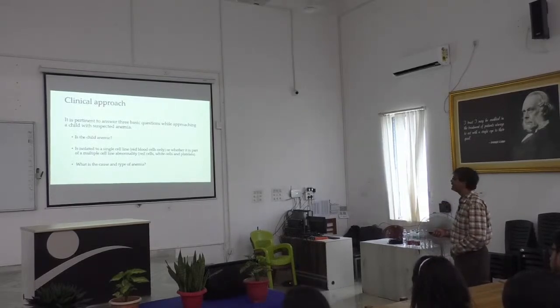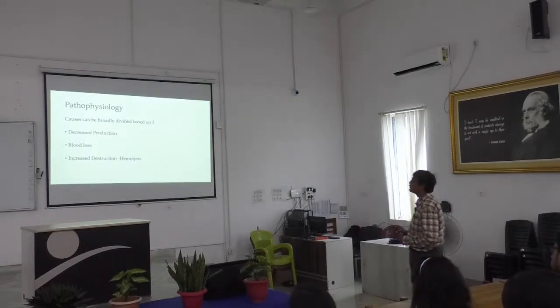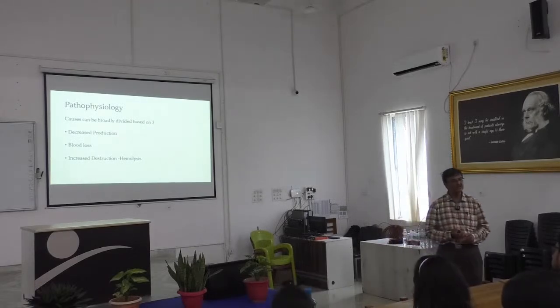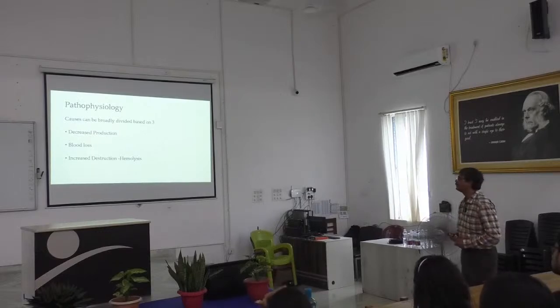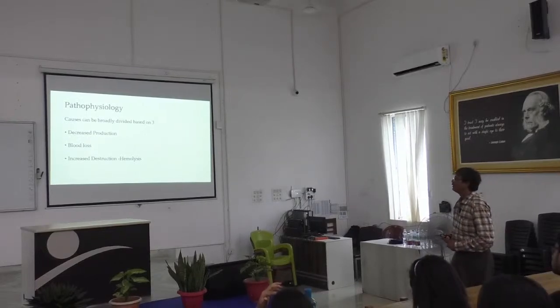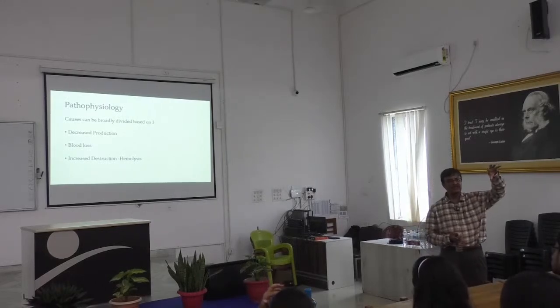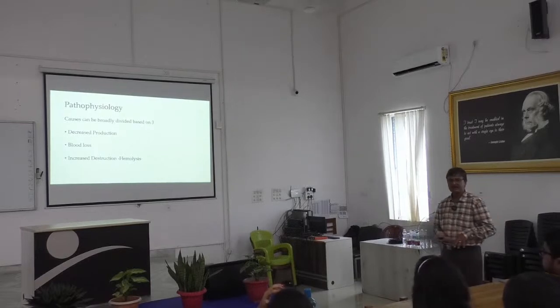So ultimately you have to manage the patient. Now what is the cause? We broadly divide into either there is less production or there is excess loss, meaning hemolysis or blood loss. Either production is less or wastage is more.